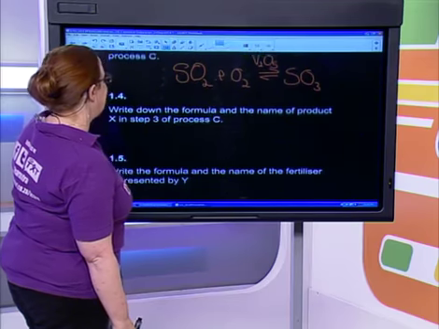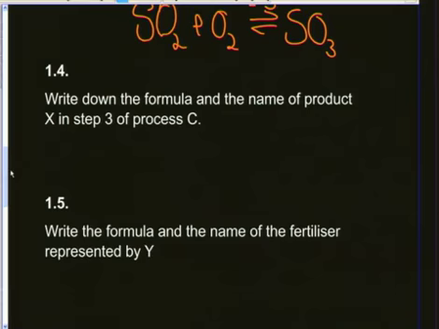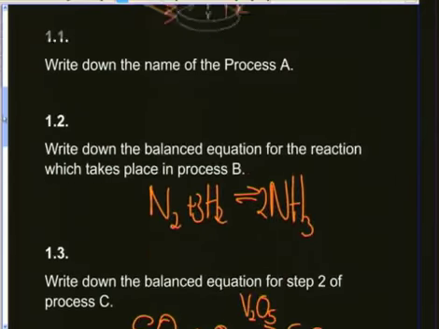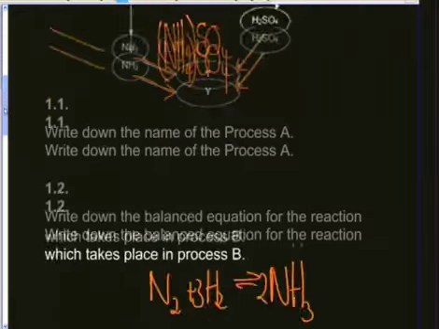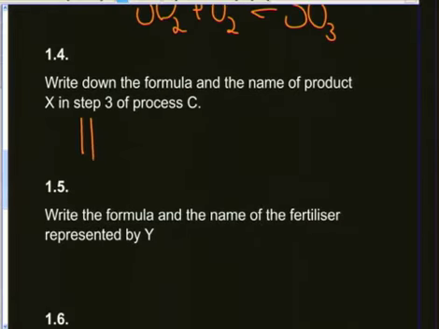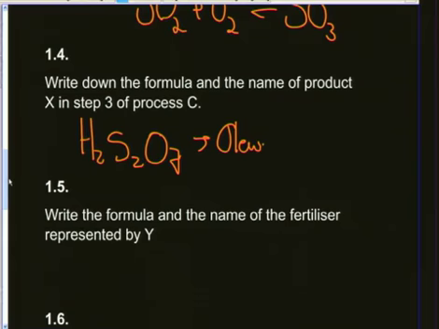Okay, then it says write down the formula and the name of the product X in process C. So we look and go, well, I actually wrote it down. It's H2S2O7. Okay, H2S2O7. And it's oleum. Okay, or, once again, I'm trying to spell it with a W. Oleum.